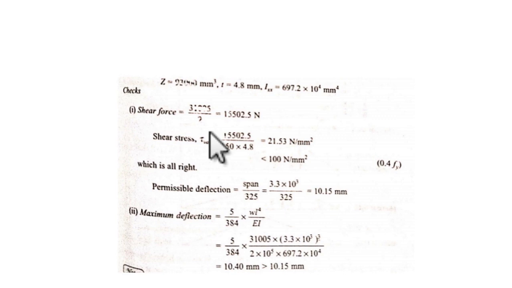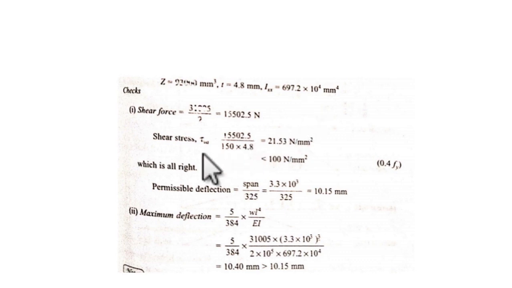W by 2. Total load is 31005, so this by 2 will give you 15002.5 Newton. Okay, now if you note all these properties, what is the Z? This Z should be greater than the Z required. What is the thickness? What is the moment of inertia?